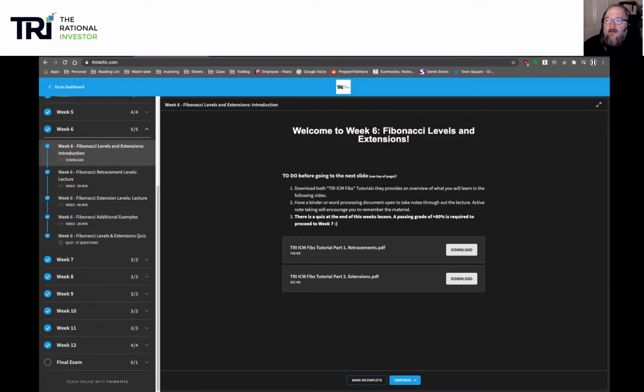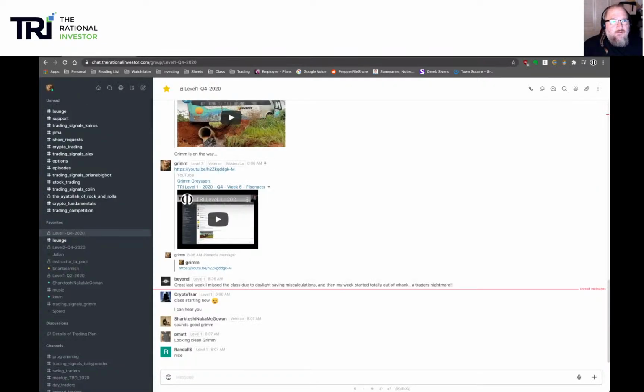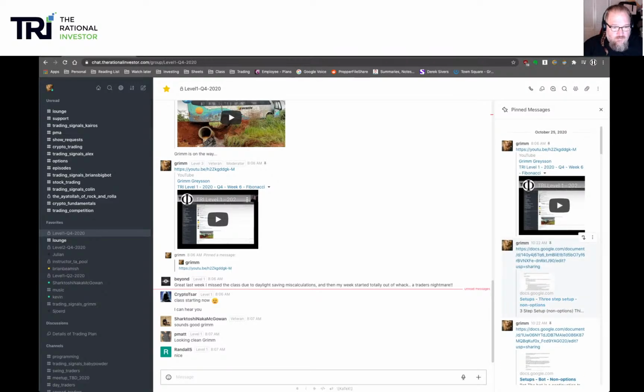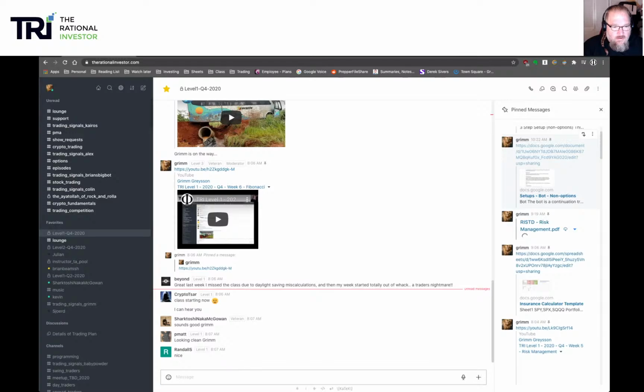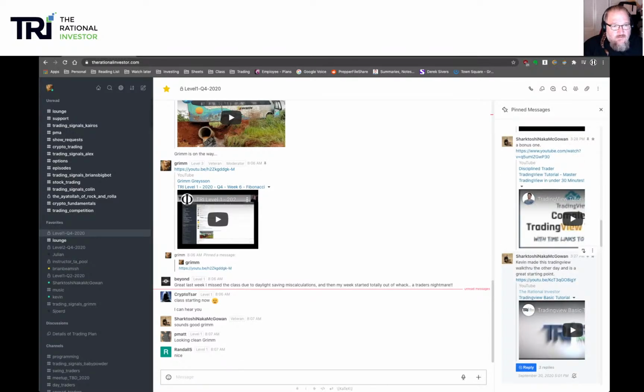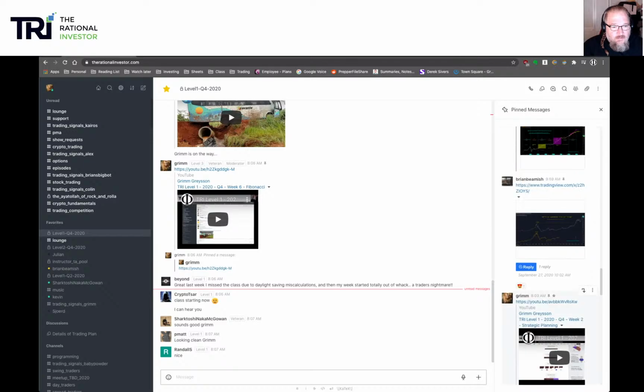Let me look here. I think I have shared with you each of the 3 setups that we are going to be learning before the end of level 1. So let me go to pinned items here. There's the 3-step setup, the bot. I think I shared the planting flowers setup earlier.